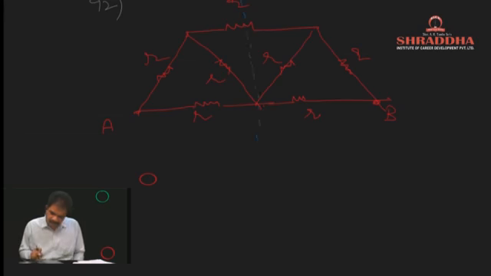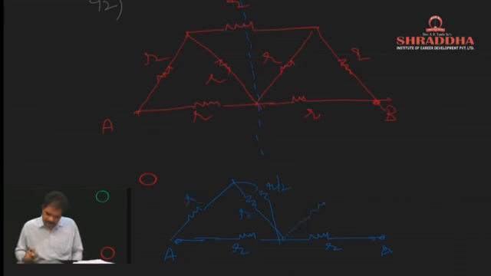So here, dividing this resistance like this, then here R, here R. This will be R by 2, R. Again R will be R by 2.